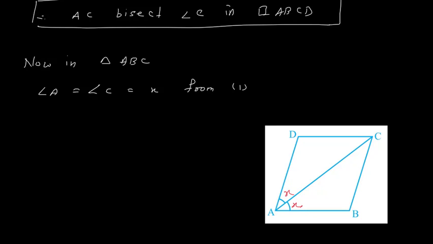This is from 1 and 2. Okay, in 1 and 2 we have seen that this angle is x and this angle is also x. So for triangle ABC, angle A is x, angle C is x.